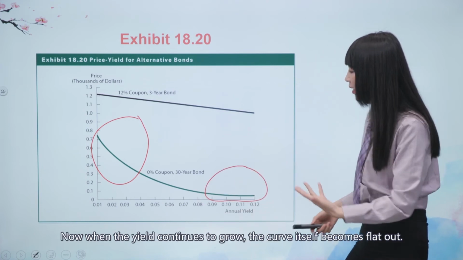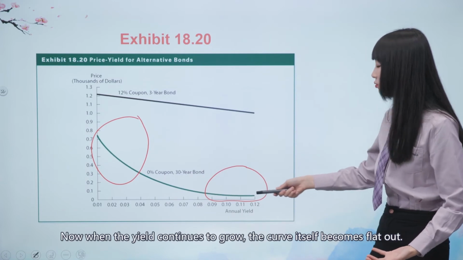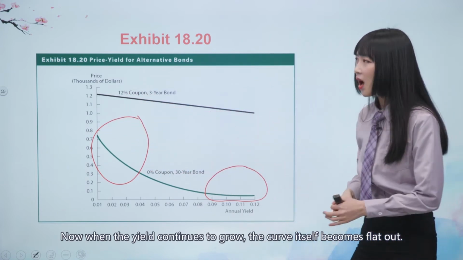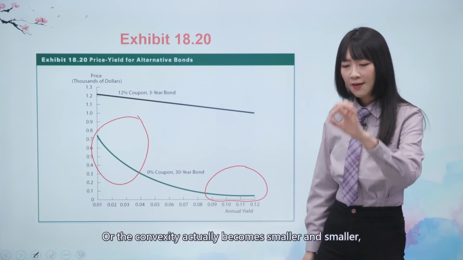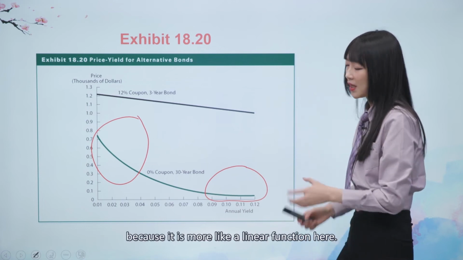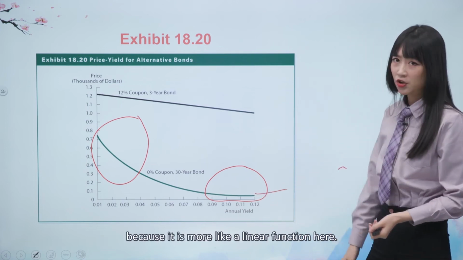Now, when the yield continues to grow, the curve itself flattens out, or the convexity actually becomes smaller and smaller because it is more like a linear function here.